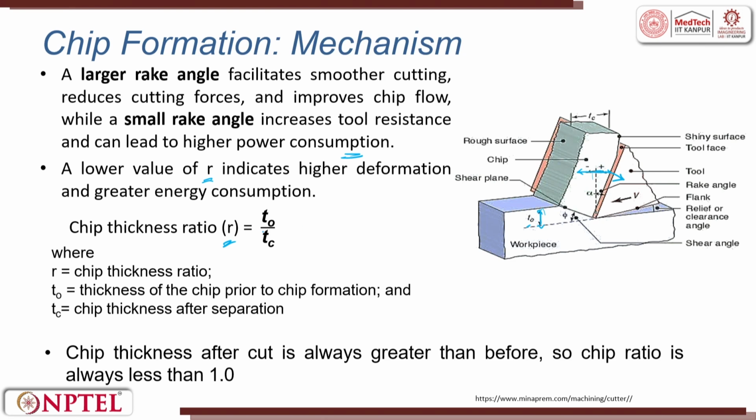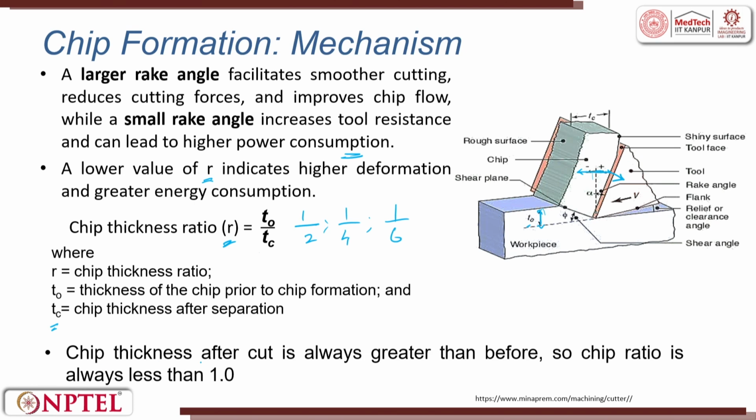So, if Tc is very large, let us take a value 1 by 2, 1 by 4, I am just putting 1 by 6. If Tc value is large, assuming T naught is small, then the ratio will start reducing. The chip thickness after separation is Tc.